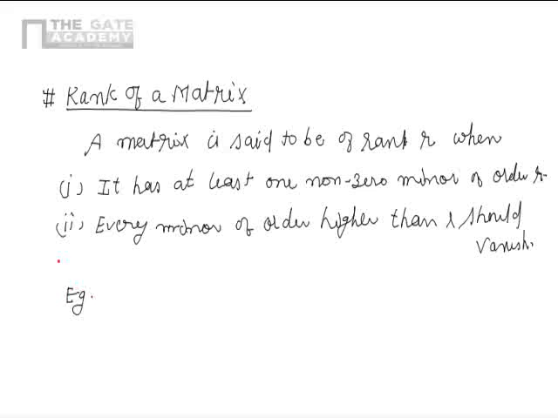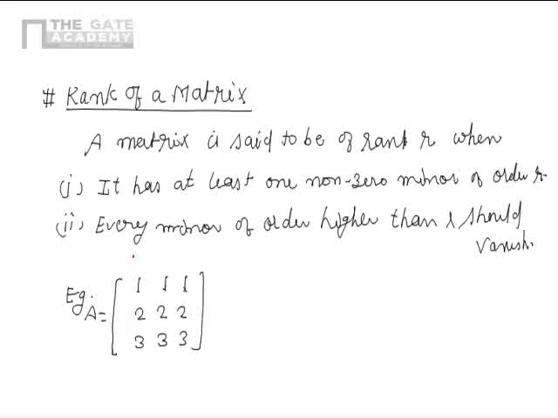Let us consider this example of a 3 by 3 matrix, 1 1 1, 2 2 2 and 3 3 3. Let us take this matrix A, and suppose I need to find the rank of this matrix.